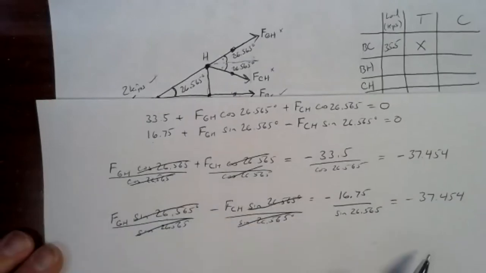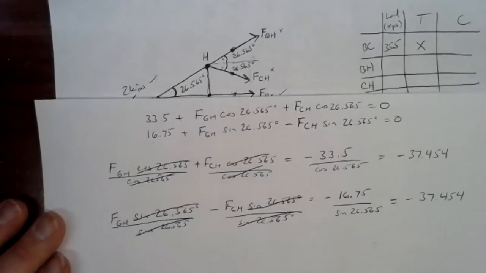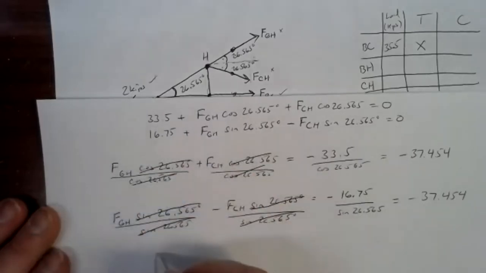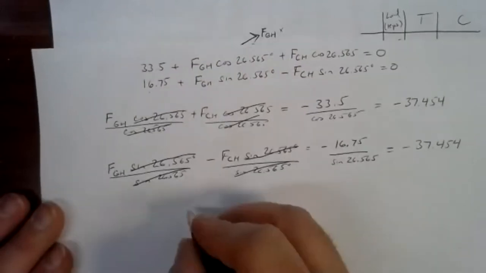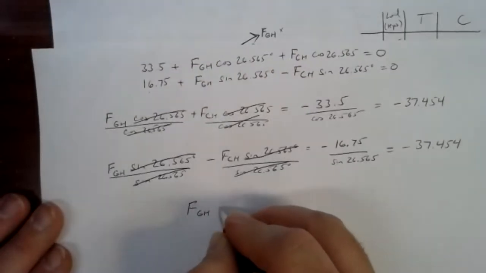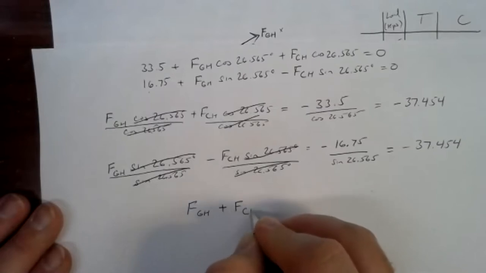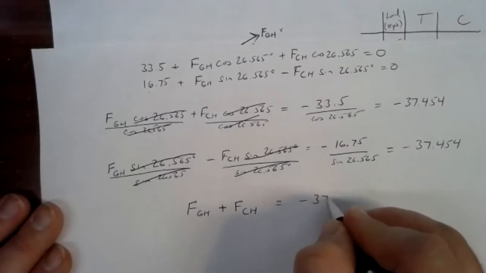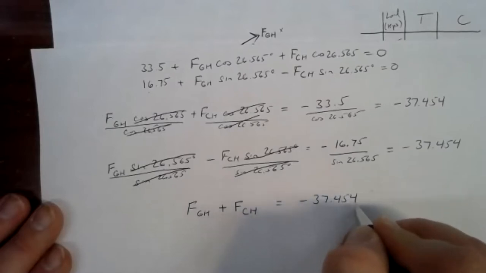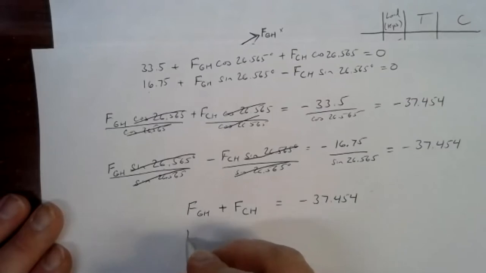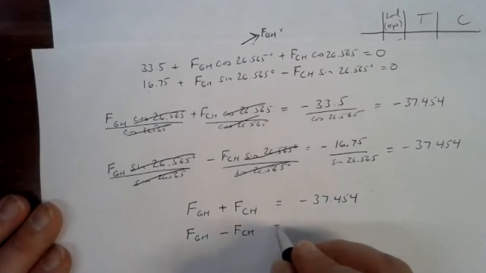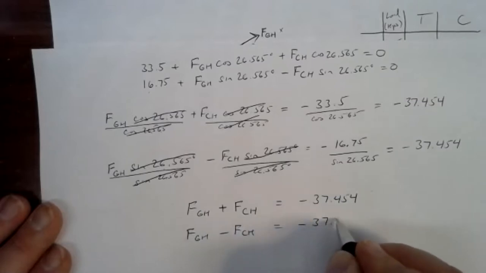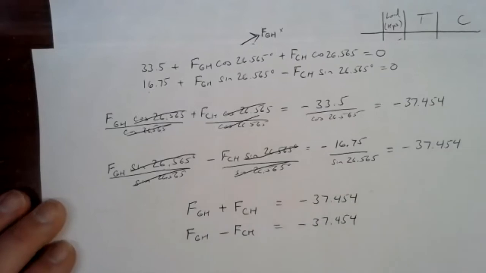So to clean these equations up, to write those up a little more nicely here, we've got FGH plus FCH equals negative 37.454. And we've got FGH minus FCH equals the same, negative 37.454.